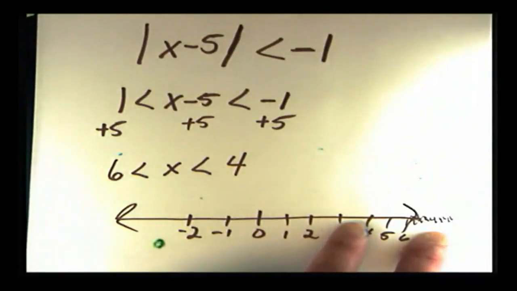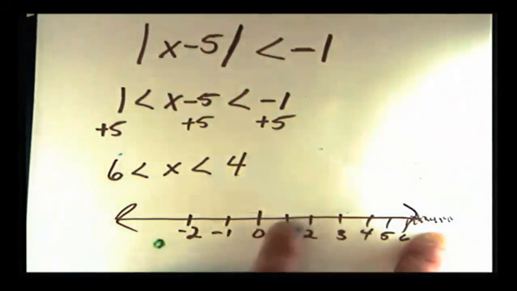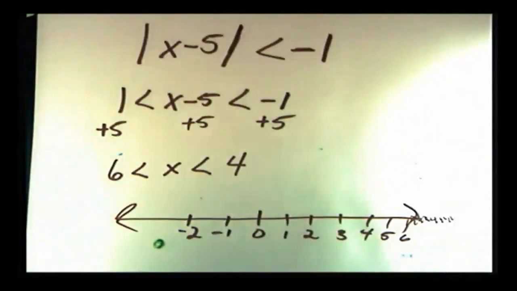If you think about this for a second, you'll realize that there are no numbers that are bigger than 6 and less than 4. So there's a set of numbers that are bigger than 6, and there's a set of numbers that are less than 4, but there's no intersection between them.